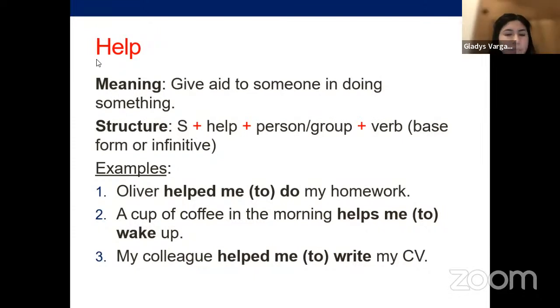Okay. My coworker helped me to do more sales. Yes, that's also correct. Good. Just to practice. How do you say that in the present perfect?